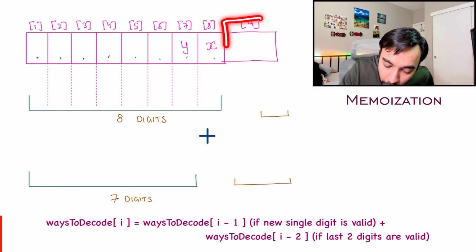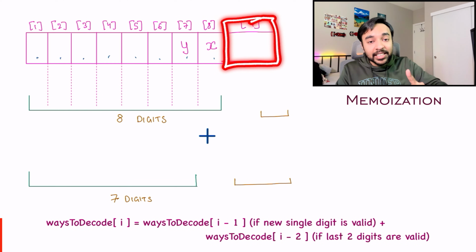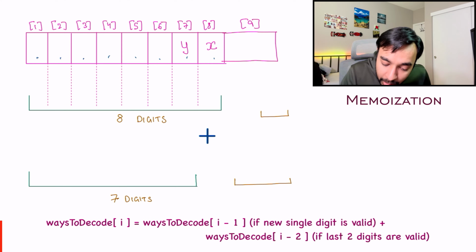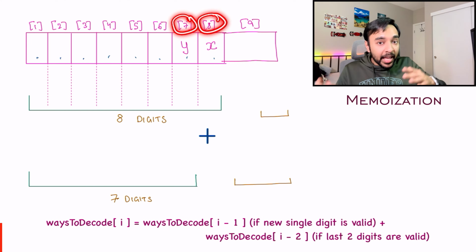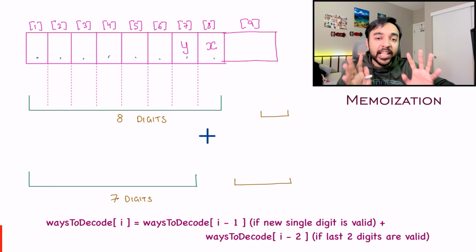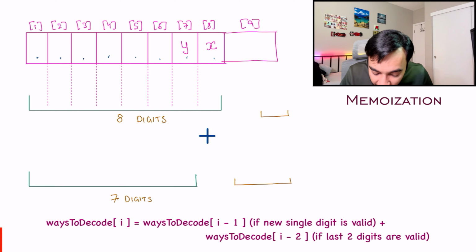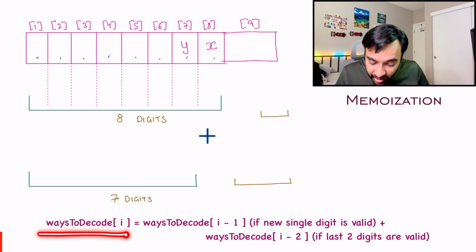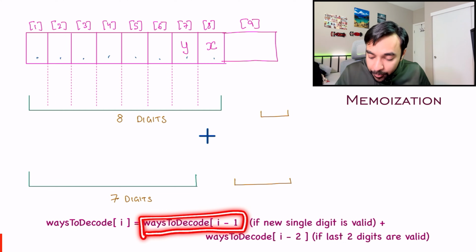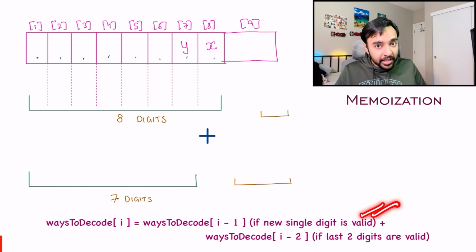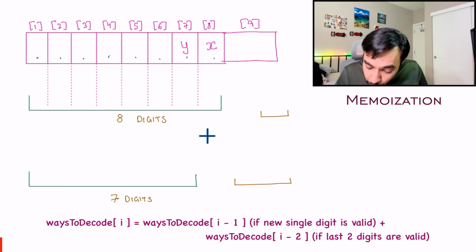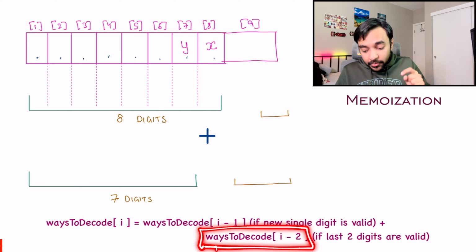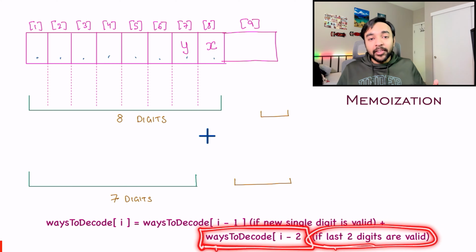If I have to fill up this particular position, that is the 9th, I am looking at my previous 2 positions, right? 8 and 7. What do I get basically? I get that ways to decode at the ith location will be the ways to decode at i minus 1 if this new single digit is valid, plus ways to decode at i minus 2 if the last 2 digits are valid.